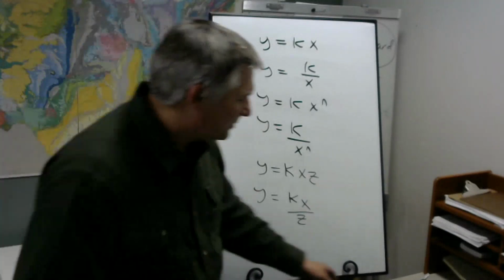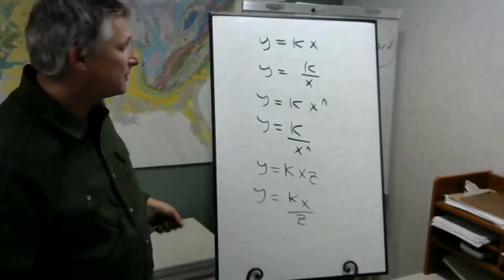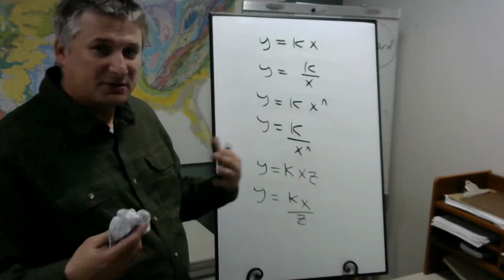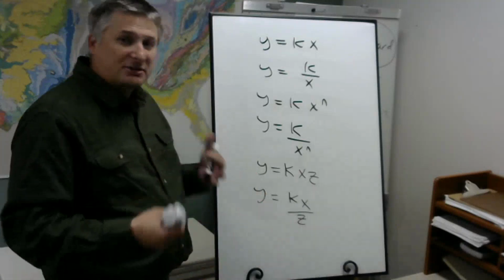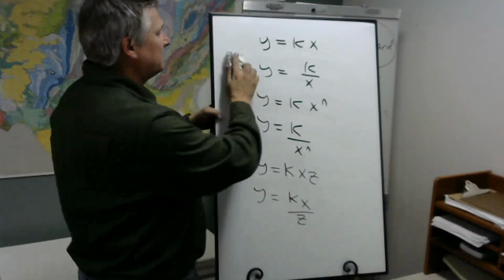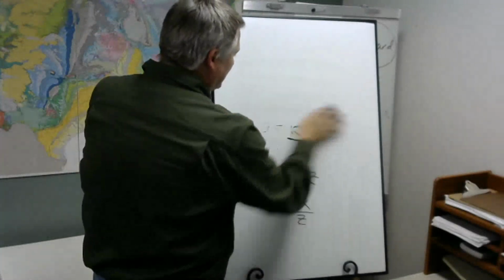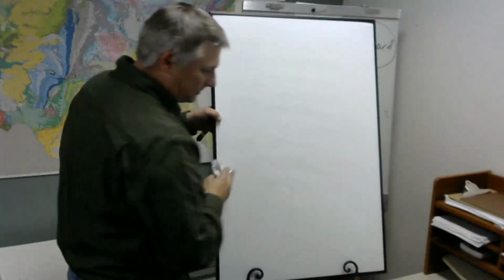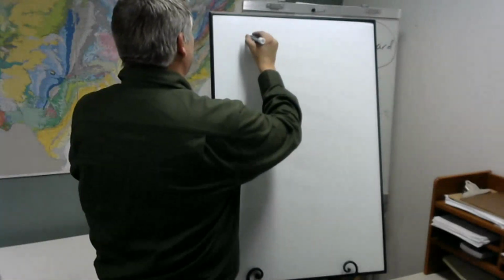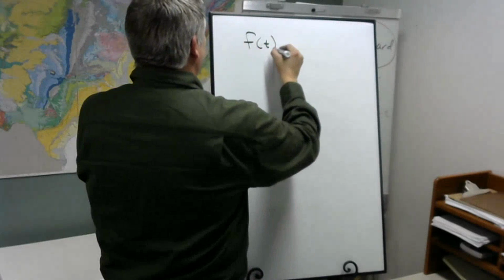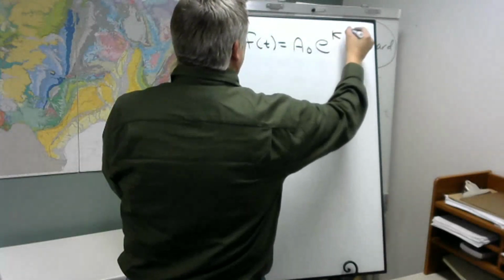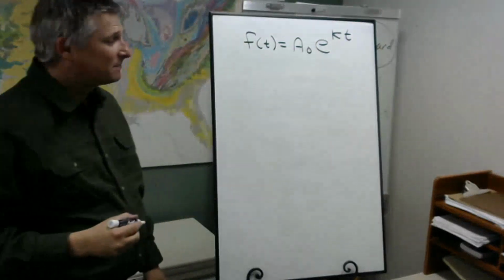And then at the beginning of this lecture, I'd mentioned some other types of models, say cyclical models using a sine function, and exponential models, y equals b to the x. So we're going to take a look at some exponential models. The first one we're going to look at is f of t equals a0 e to the kt.